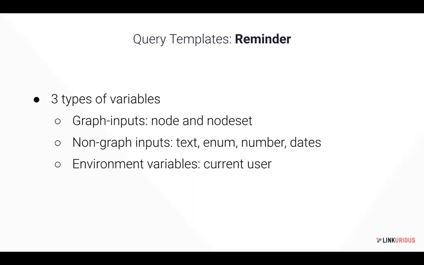Query templates accept 3 types of variables: graph inputs, node and node sets; non-graph inputs, text, enum, number, and date. And recently, as I mentioned earlier, we introduced a new type of variable, the current user.